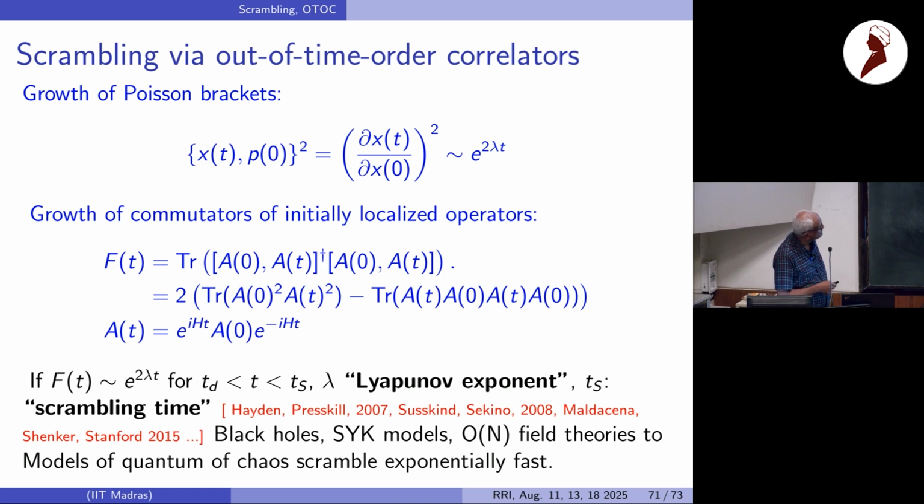But we also know that Poisson brackets quantum mechanically are simply commutators. So you can calculate some object like this. Take some operator A and find out its commutator at different times. Here I'm calculating x of t and p0, but here I'm calculating the same operator. They will not commute at different times, typically.